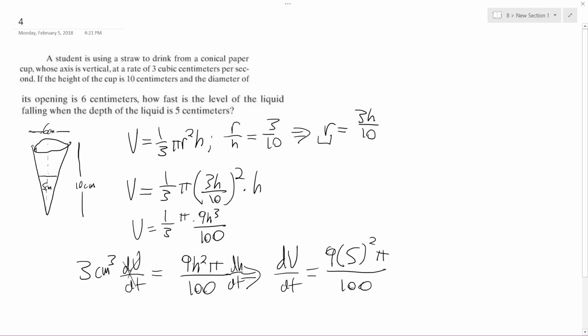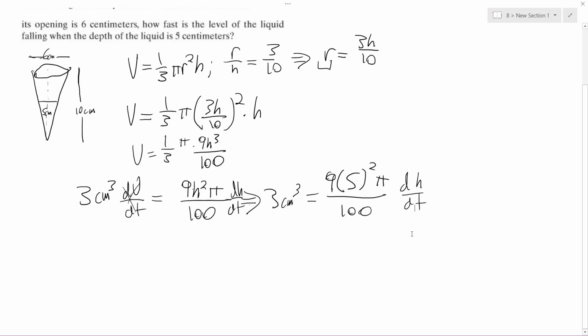So actually, ultimately, what we do here is it ends up being dh dt, which is right here.